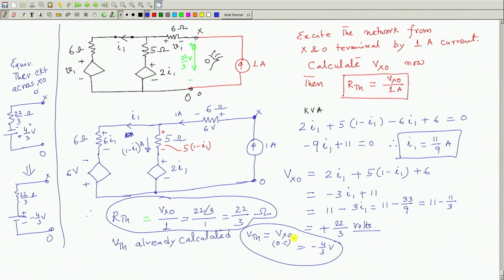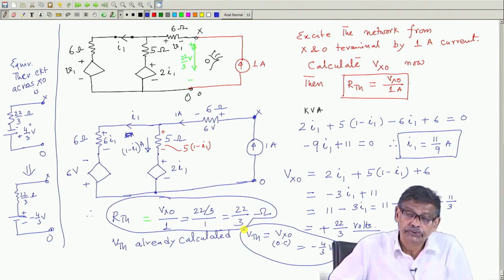Now, what I will be doing, so you have got the idea. The point to be remembered is while calculating R Thevenin's, you should not remove the dependent sources.